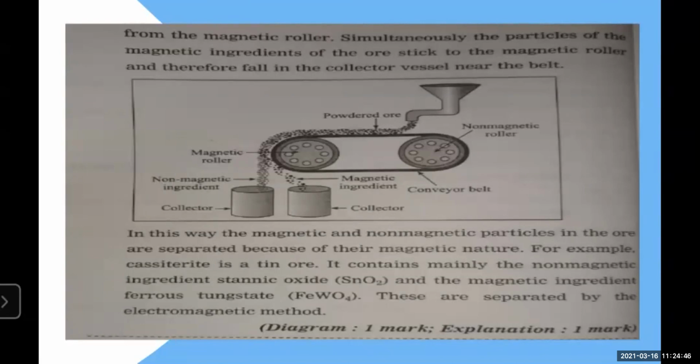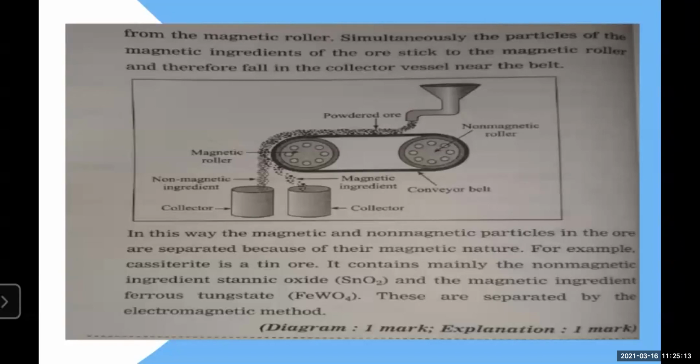In this way, the magnetic and non-magnetic particles in the ore are separated because of their magnetic nature. For example, cassiterite is a tin ore. It contains mainly the non-magnetic ingredient stannic oxide SnO2 and the magnetic ingredient ferrous tungstate FeWO4. These are separated by the electromagnetic method.